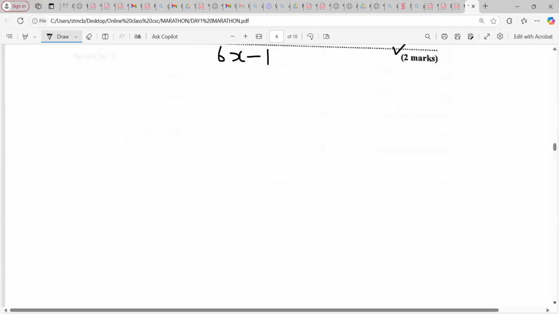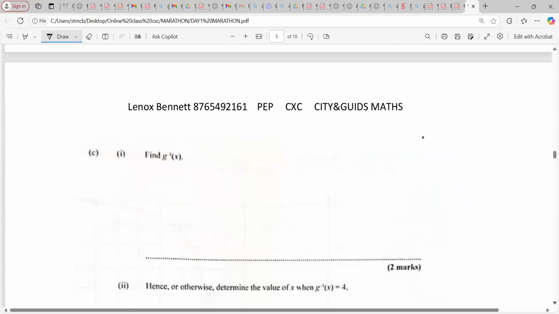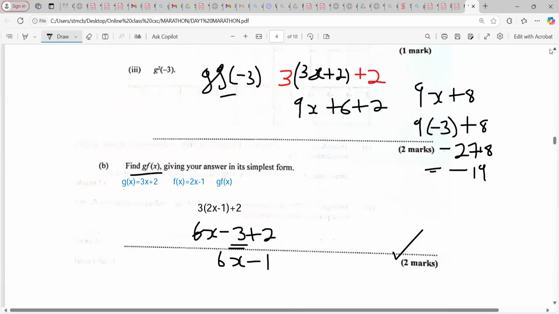Go down a little further. Find g inverse, and then determine the value of g inverse of x equals 4. So we could find this first. We need to find the inverse of g.